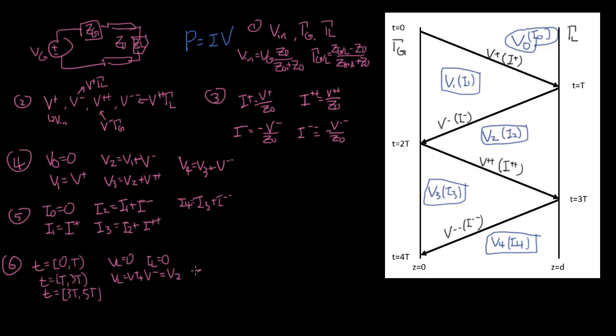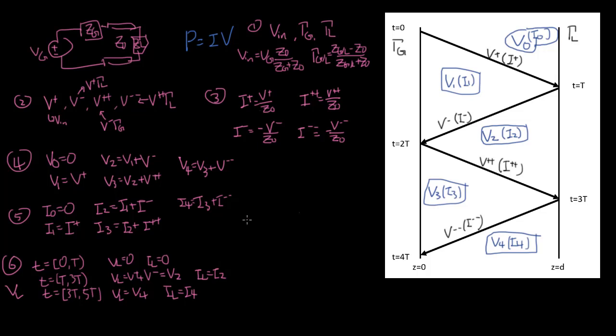Similarly, IL is equal to I2. Then from 3T to 5T, you cross this line and this line. So you take the previous result, add V plus plus, and add V minus minus. If you look back at all the values we found, that's basically V4. So in that range, VL is equal to V4, and IL is equal to I4. And finally, this is at the load.